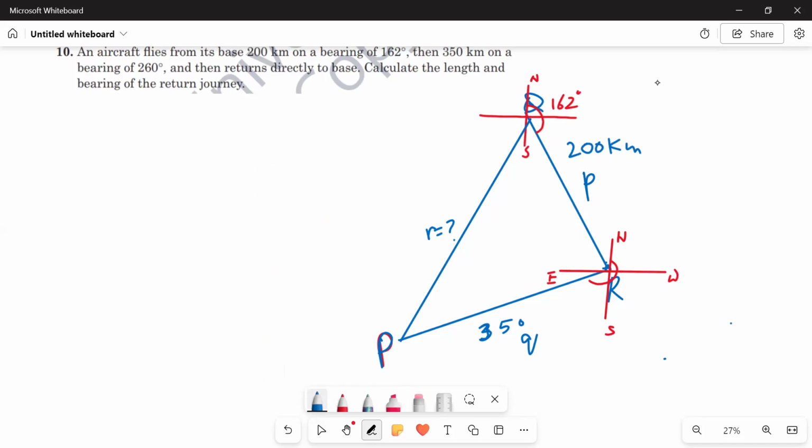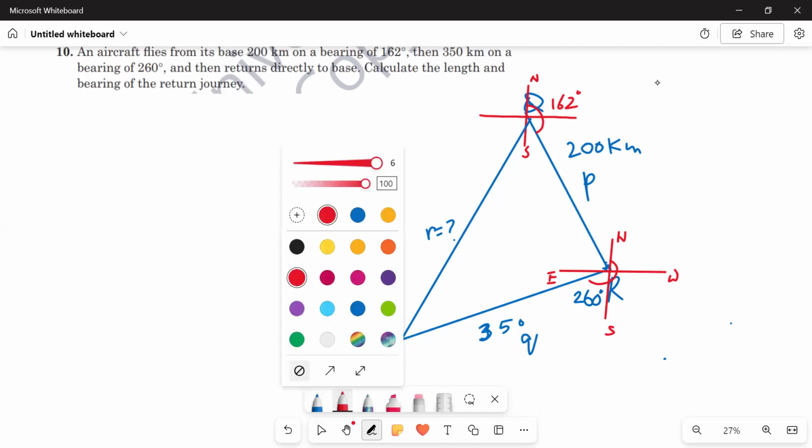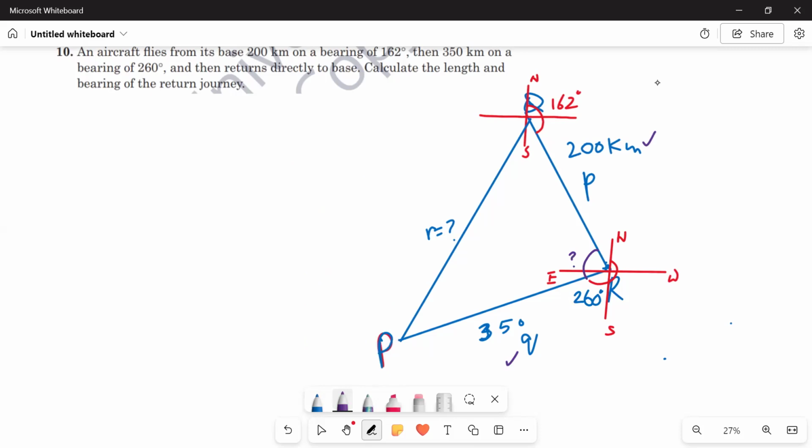This is 260. Okay, now first we calculate its internal angle, this angle, because we have this side and this angle is missing. So we will find this angle by using the cosine rule.